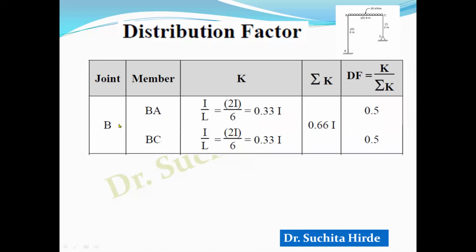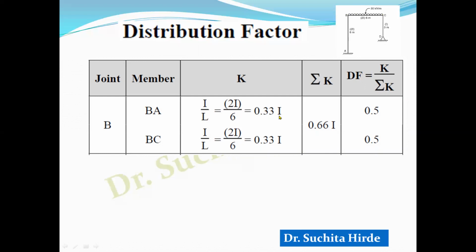For joint B, members are BA and BC. Just now I told you that the ends are fixed and continuous, therefore relative stiffness are I by L. Here it is 2I, so you have to take the respective I and the length of that member.